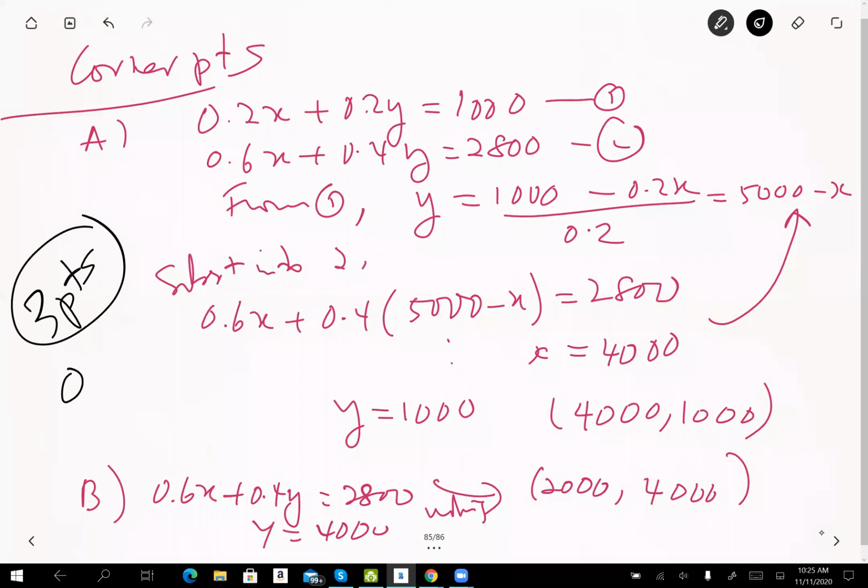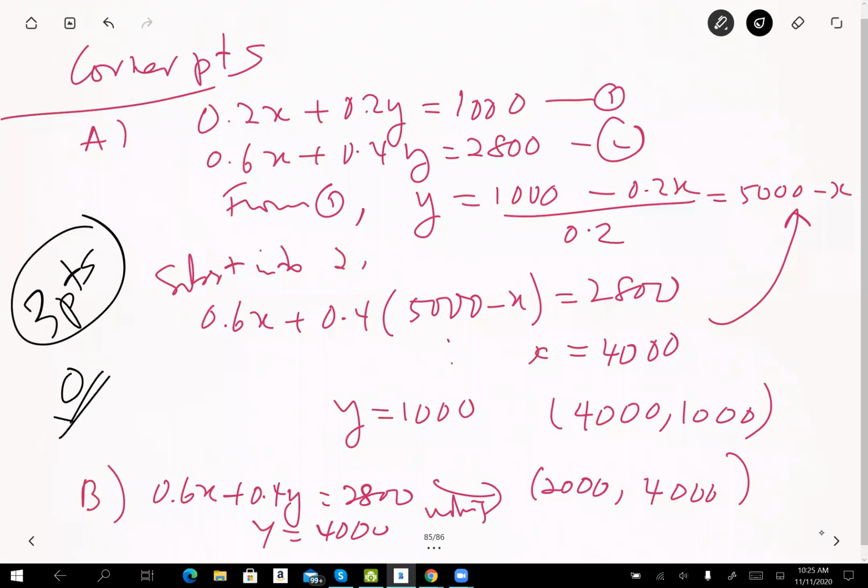I don't want just the answer. What I want is the working. The answer is of course important, but the way to get the answer is very important. So if you just give me A, B, C, the corner points, no work, 0.